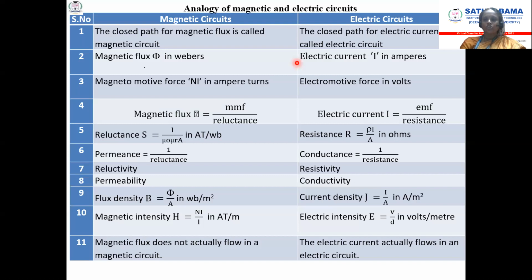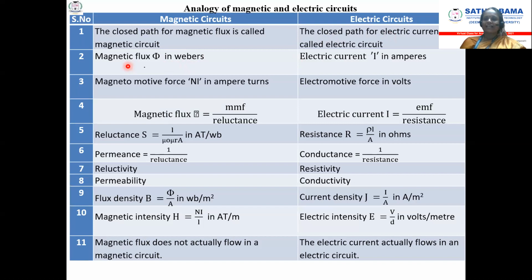So the closed path for the magnetic flux is called a magnetic circuit. The total number of magnetic lines is called flux. Here the closed path for electric current is called an electric circuit. Are you clear?